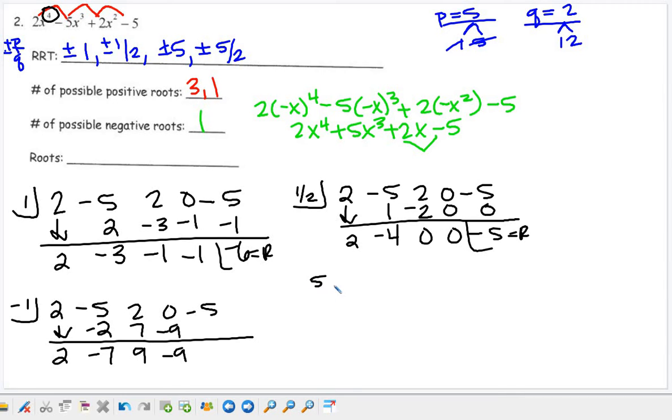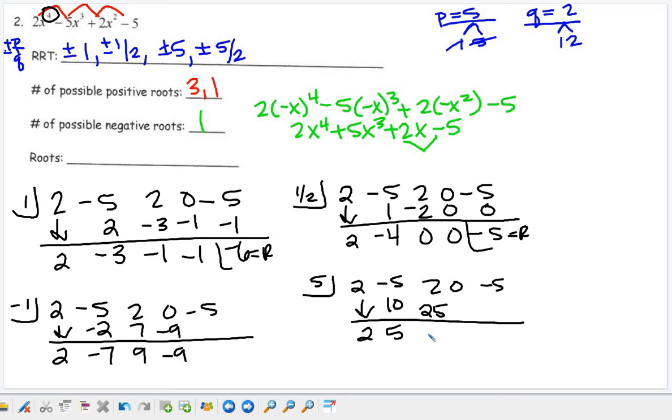Alright, so let's try 5. So 2, negative 5, 2, 0, negative 5. So 5 times 2 is 10, minus 5 is 5. 5 times 5 is 25. 27, this is getting way out of hand. So I'm going to say that's definitely not it.